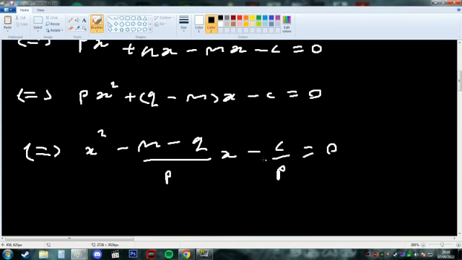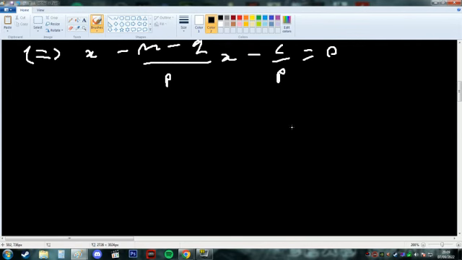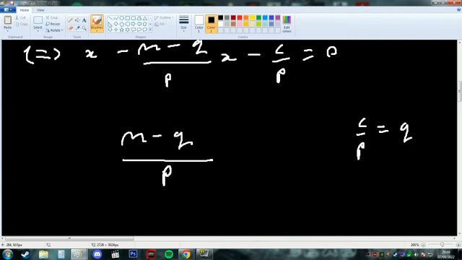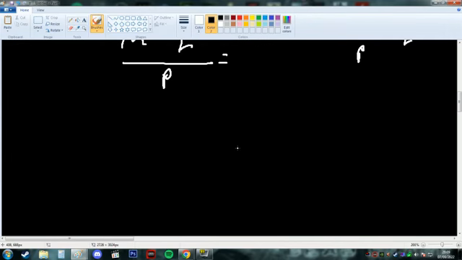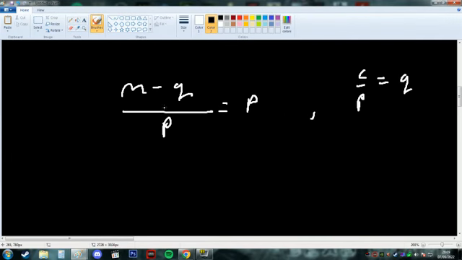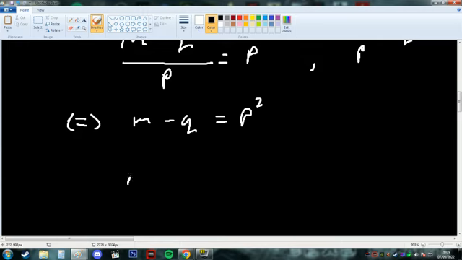And straight away it's obvious that c over p is equal to q, and (m minus q) over p equals p. So it's equivalent to say that m minus q equals p squared, and q is c over p. So m minus c over p equals p squared.